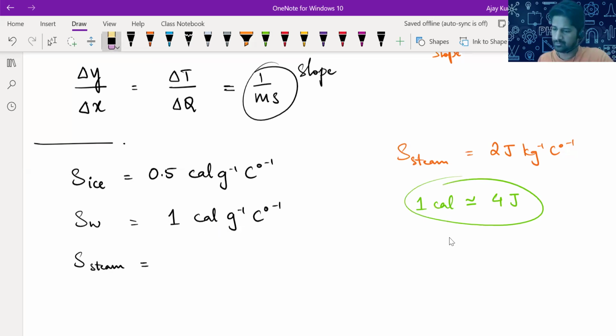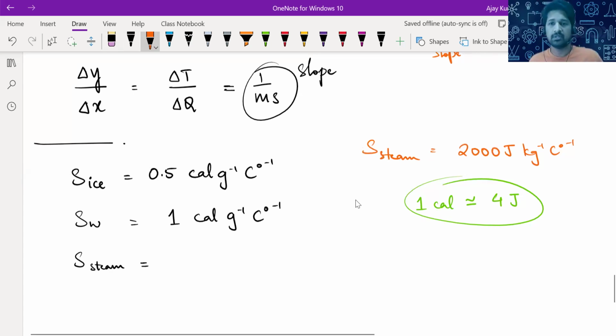Do this quickly, all of you. Small mistake here. It's not 2 joule, it is 2000 joule. 2 kilojoules actually. Convert it to calorie per gram per Celsius degree.